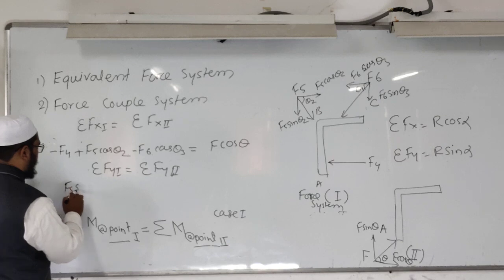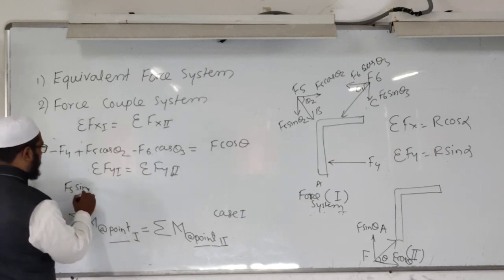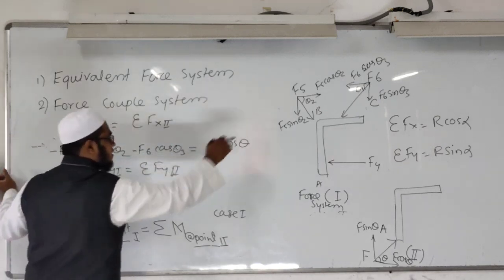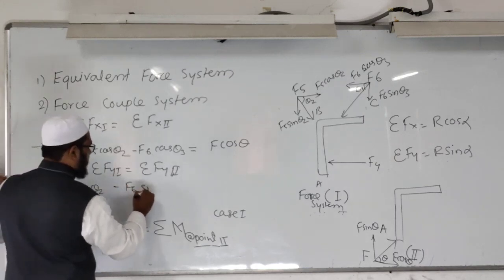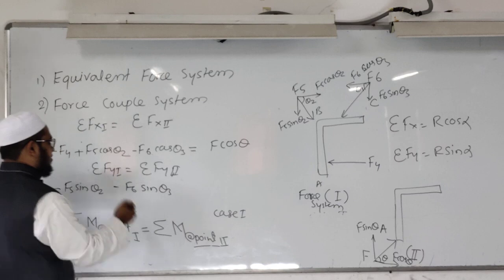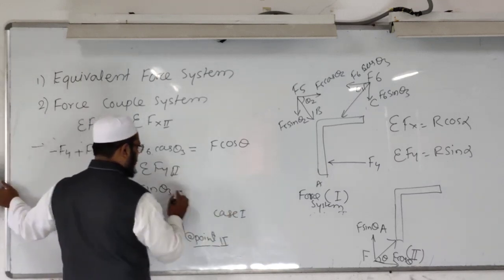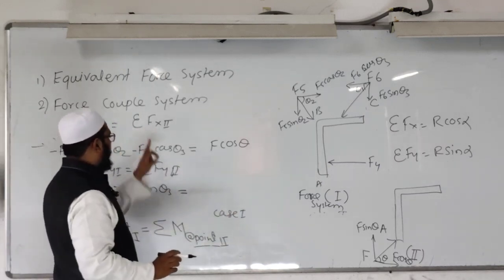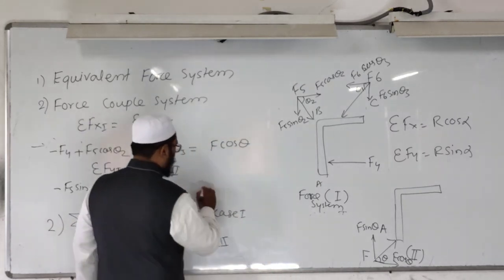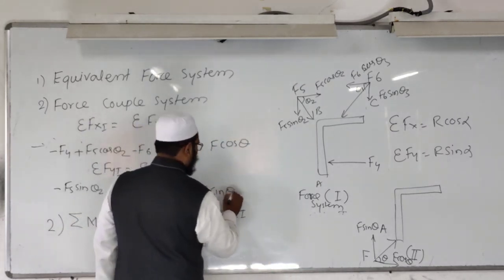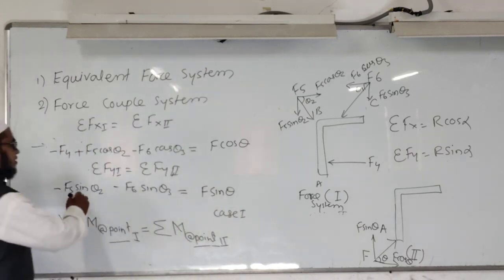F phi u sin theta 2, this force is downward, minus, and F6 sin theta 3 is also downward, that is minus, equal to summation Fy of second force system, which has only one force, that is F sin theta. This is equation number 1.